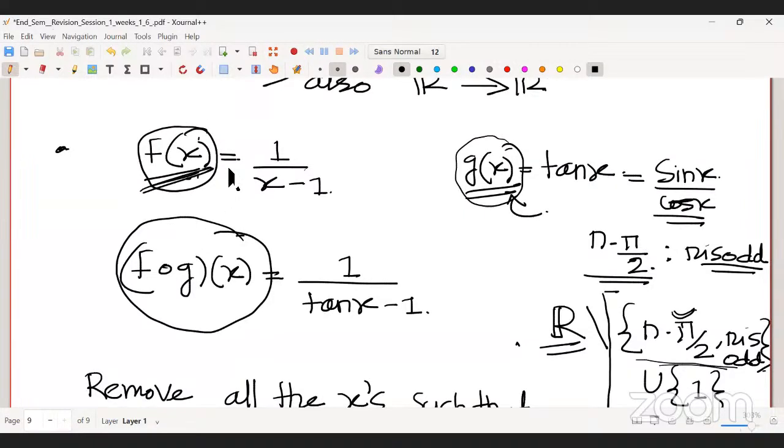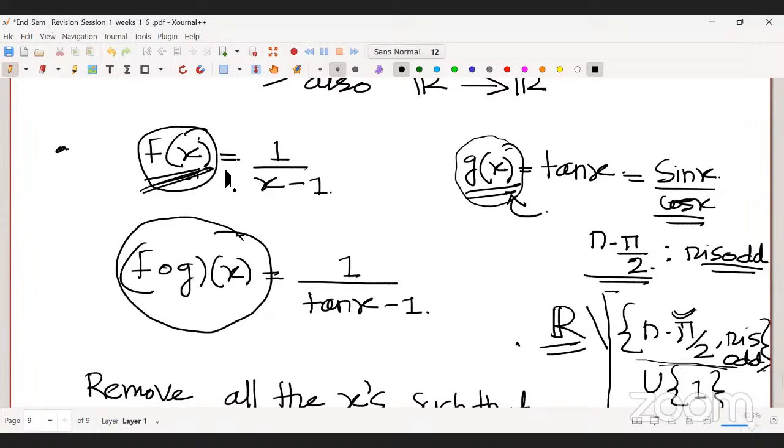That's why I have excluded this one. But in many cases they don't exclude this one. So basically they take all the points which are not in the domain of g of x and all the x such that g of x is 1, right?